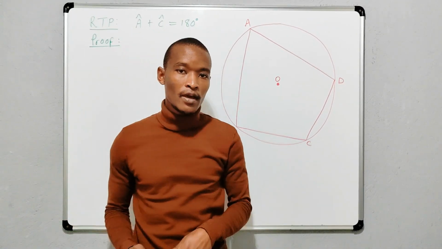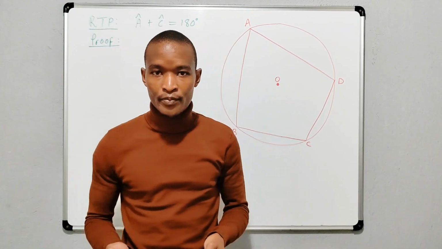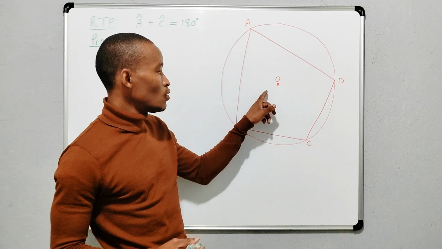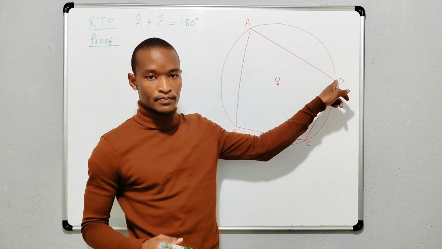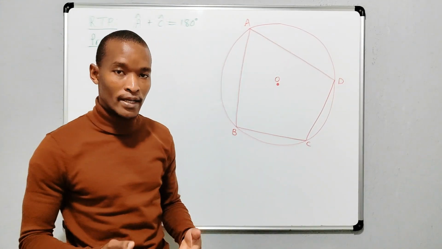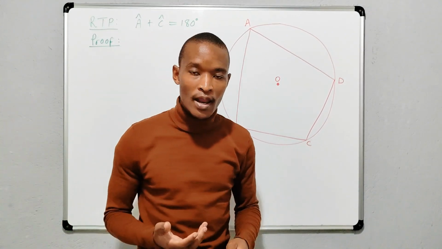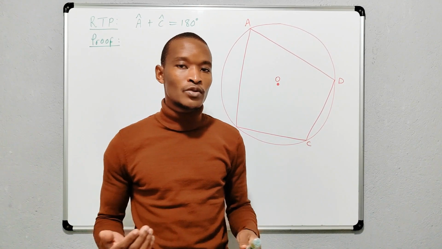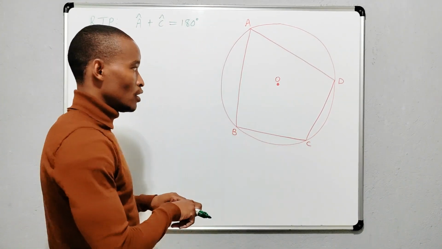Supplementary. Okay? What is the technique of the proof? You draw line BO and OD, which is your radius. And by applying the previous theorem, angle at center, you are able to get to the conclusion of this proof.